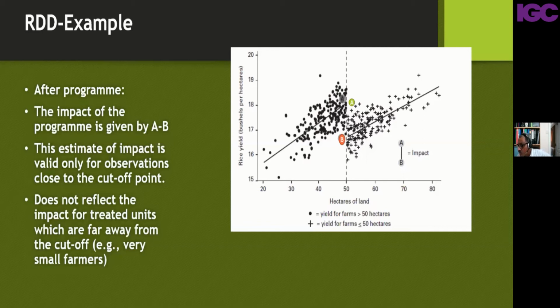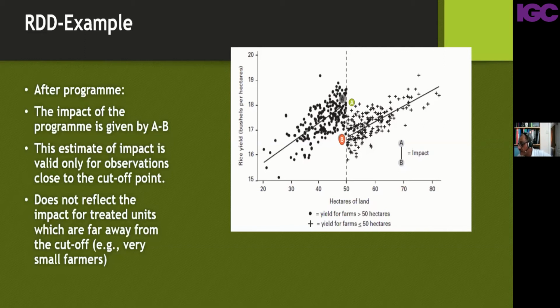Now, one thing to note is that this estimate of A minus B is only valid for observations that are very close to the cutoff point. So in this case, the cutoff point was 50 hectares, and this assessment of impact is only valid for those who are very close to the cutoff point.